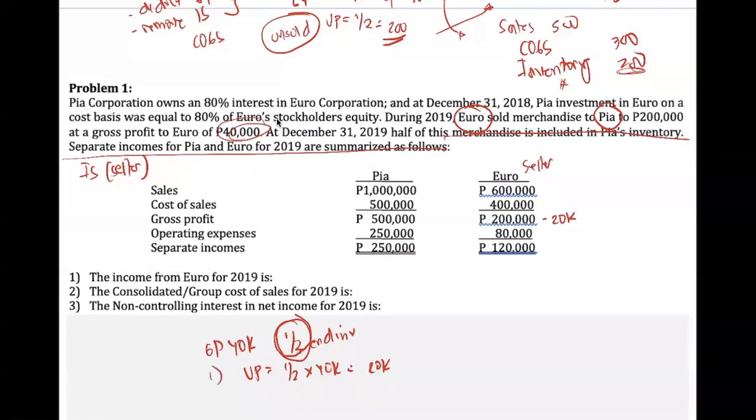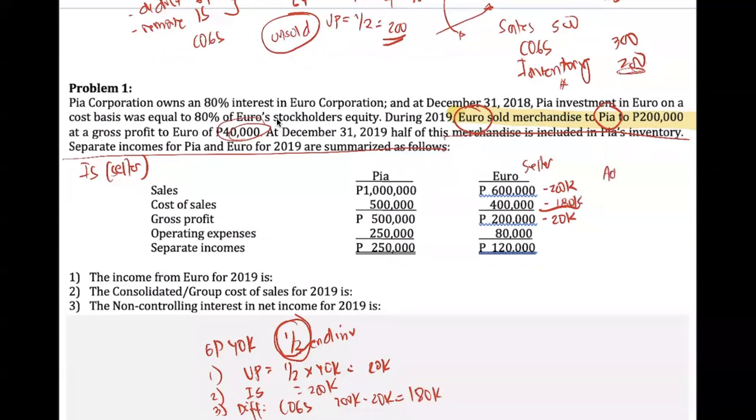Next, after we remove the unrealized profit, what is our next step? You remove the intercompany sale. The problem says Euro sold to PIA 200,000 pesos. So our intercompany sale is 200,000. And then the difference is the reduction to cost of goods sold. So 200 less 20, our reduction is 180,000.